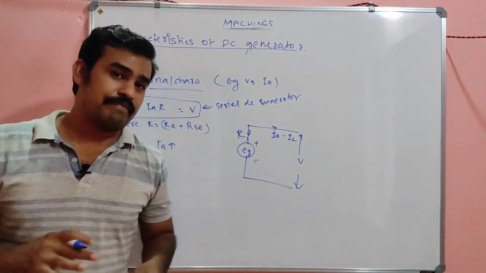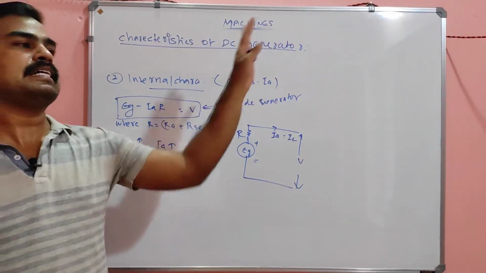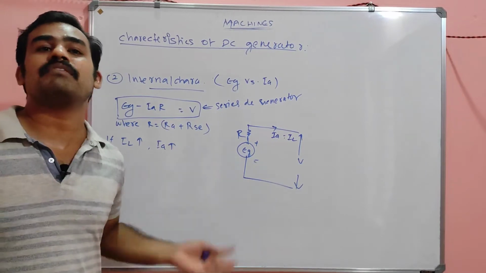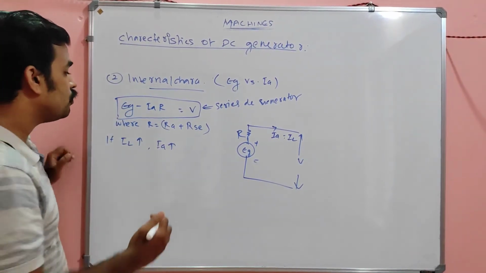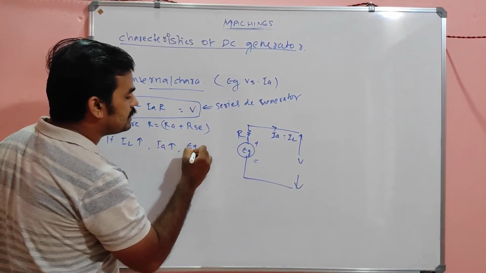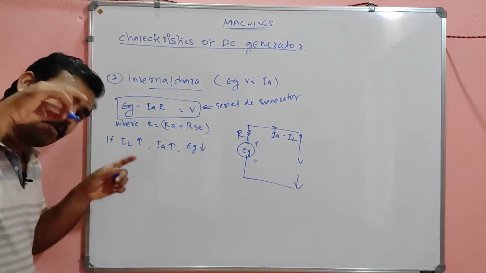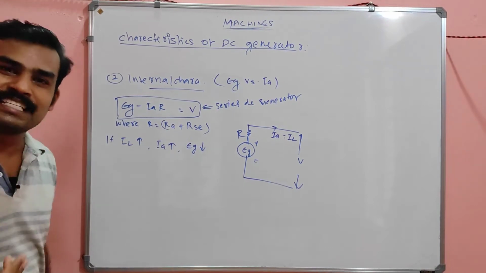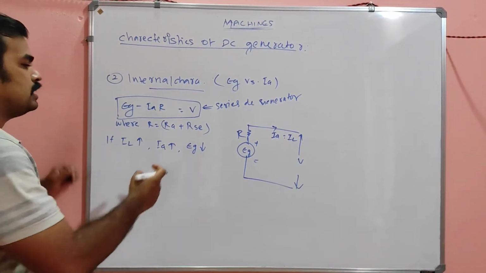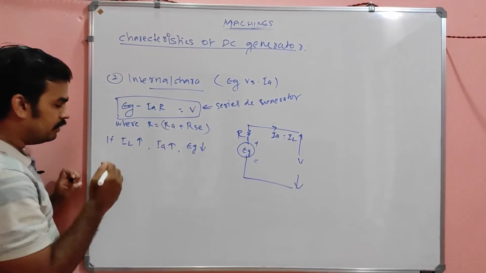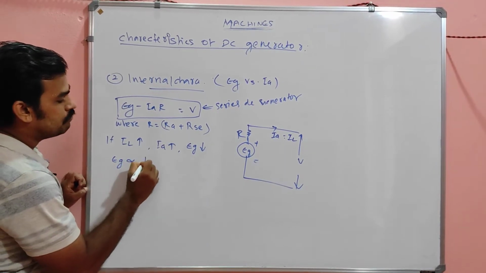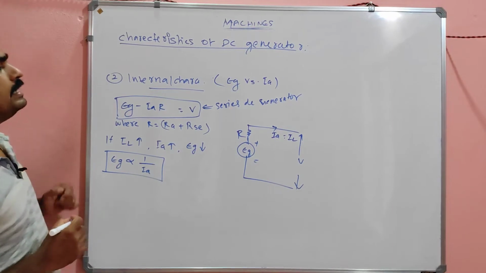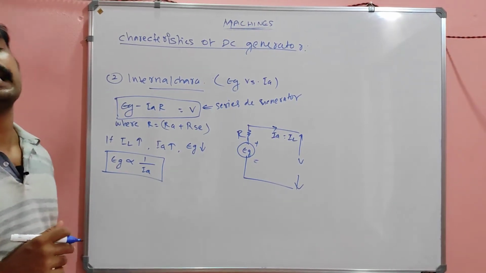If Ia increases, the armature reaction effect will increase. If load increases, the cross magnetizing effect of armature reaction will increase, and eventually it will decrease the induced EMF. So Eg is inversely proportional to Ia.